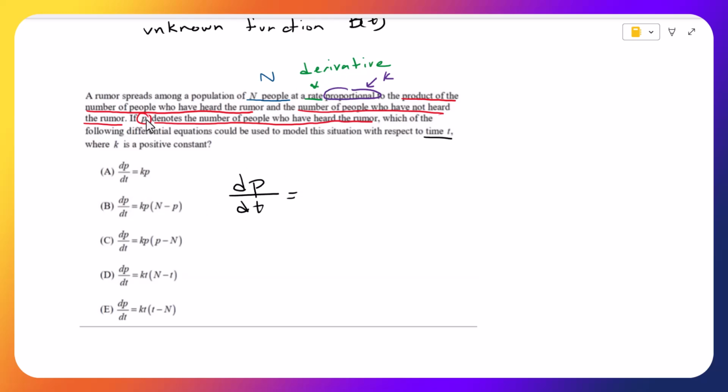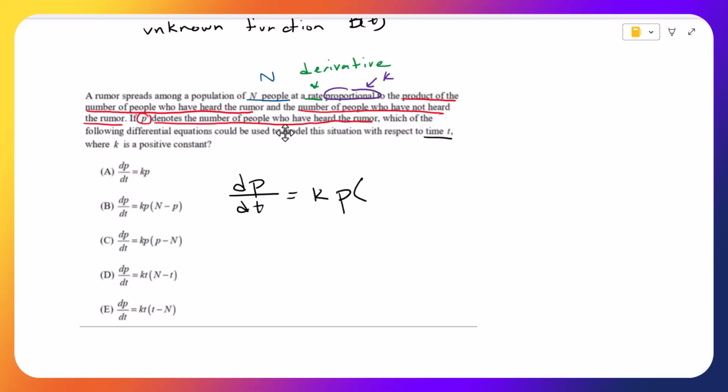So that means we have k, our constant of proportionality. And what is that multiplied by? It's multiplied by the product of the number of people who have heard the rumor. So the number of people who have heard the rumor is P. And then we're multiplying that by the number of people who have not heard the rumor.